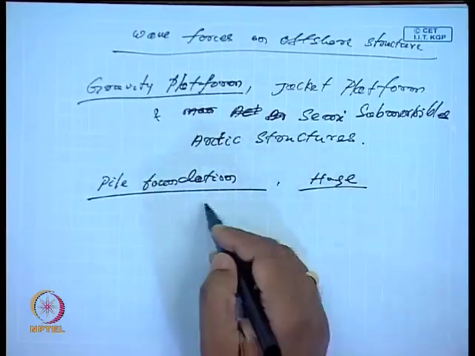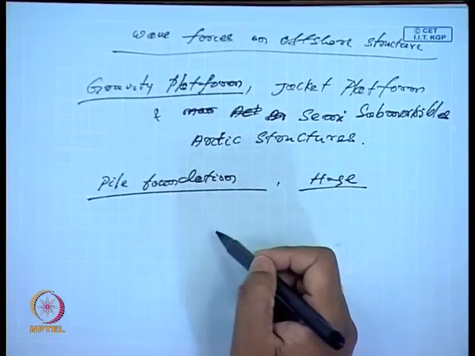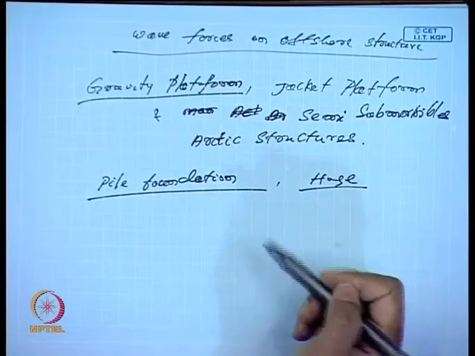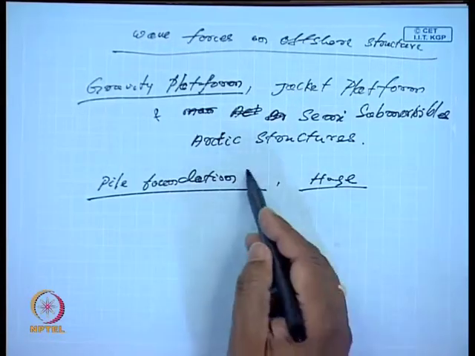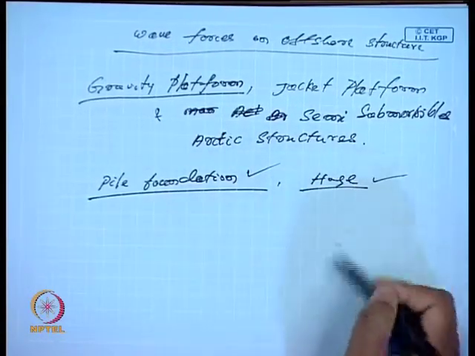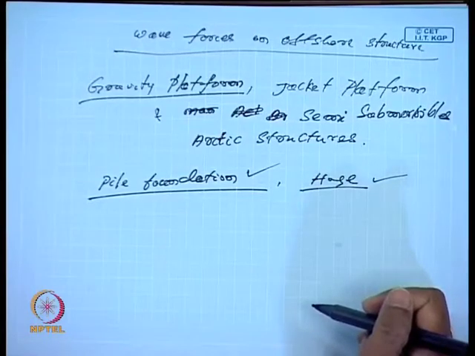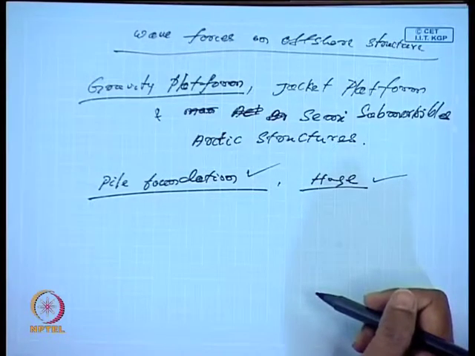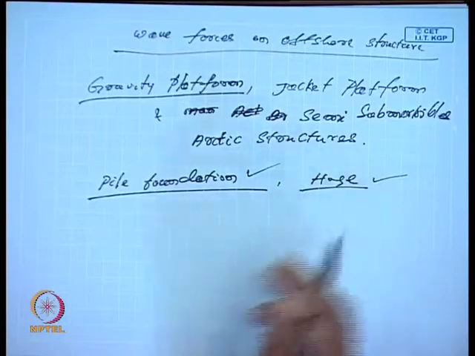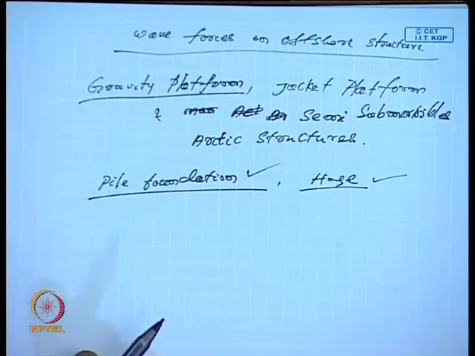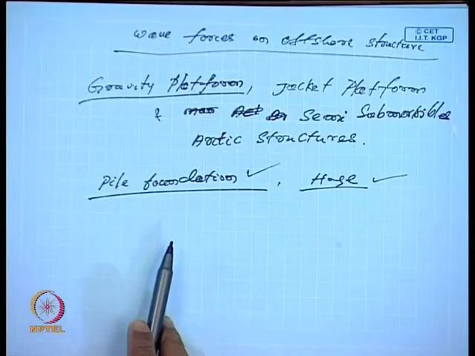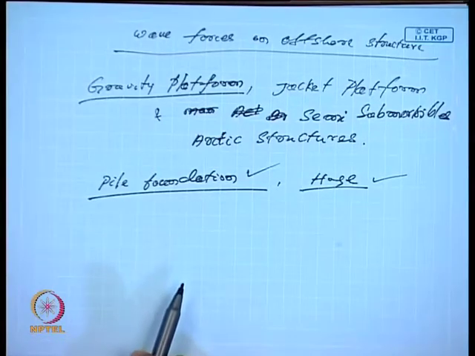The piles can be cylindrical, rectangular, or triangular, but in the case of a huge structure like a gravity platform, the structural size is very large. Particularly, cylinder type structures extend from the sea surface to the bottom, and they are huge.